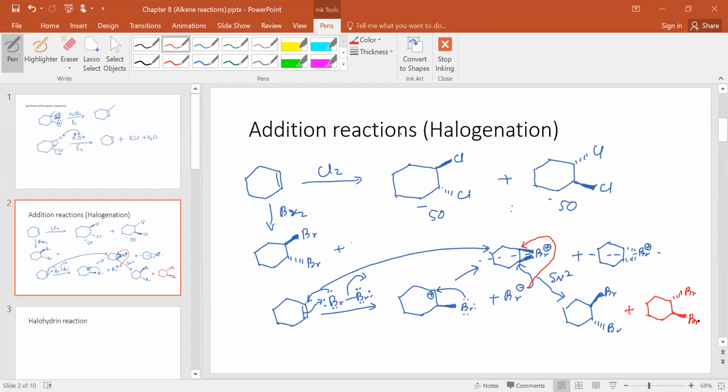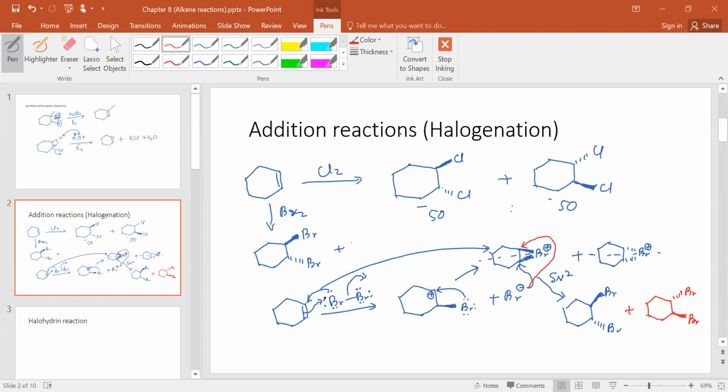That's how this reaction happens as a racemic mixture, with 50-50 of both enantiomers formed. This is the reaction when just bromine or chlorine is used.